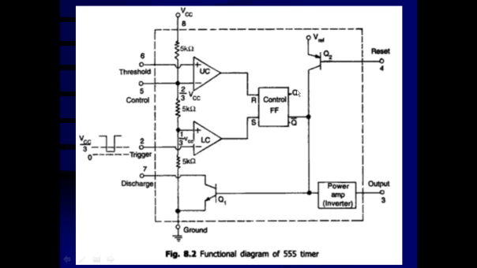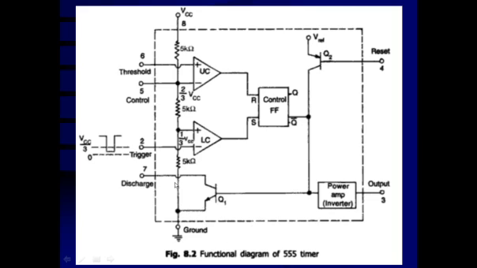That means Q becomes 0, and Q bar becomes 1, which makes this transistor Q1 start conducting, and the capacitor which was disconnected from pin number 7 is again short circuited through this transistor, and the capacitor immediately discharges through transistor Q1.